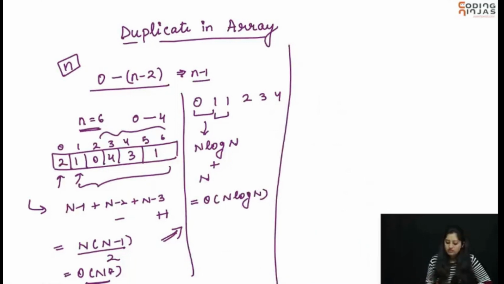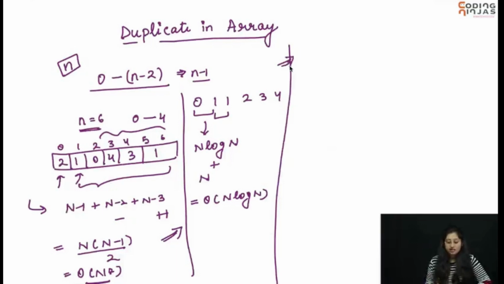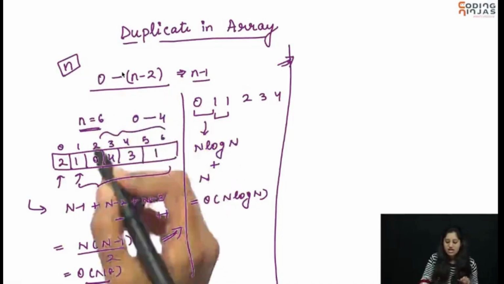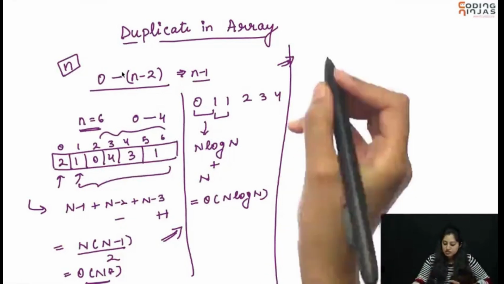We can obviously take a step better and think of an algorithm which is better than n log n even. So how can we do that? What should we think? I think we have a huge information that the values of the array elements will be from 0 to n minus 1. That means the values range from 0 to n minus 1.